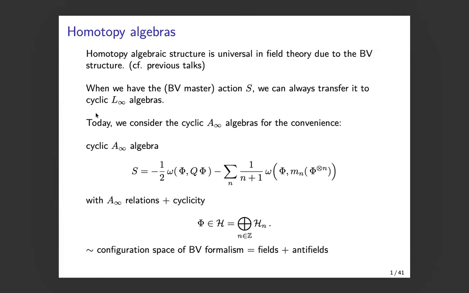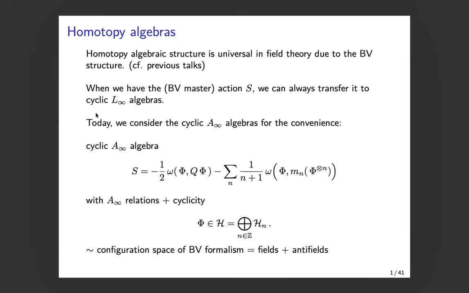So let us recall briefly what a cyclic L infinity algebra is. When we have the action S, we can transfer it to this form. Let me briefly explain what this means.